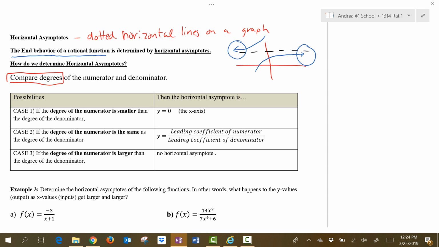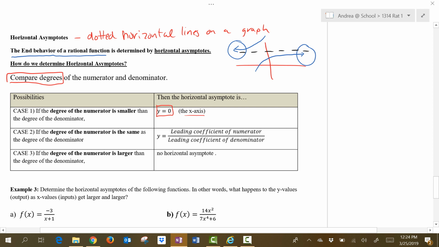We have three possibilities, or three cases. Case 1 is if the degree of the numerator is smaller than the degree of the denominator. If that is true, then the horizontal asymptote will always be exactly y equals 0, which represents the x-axis.